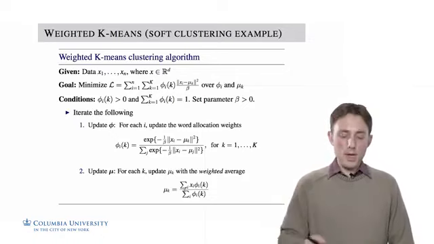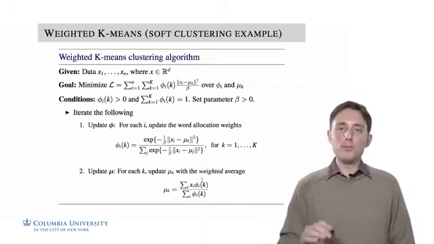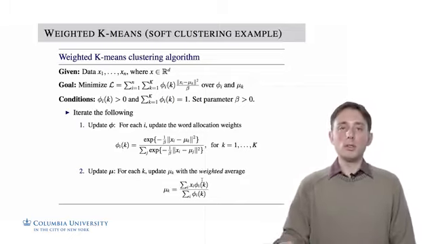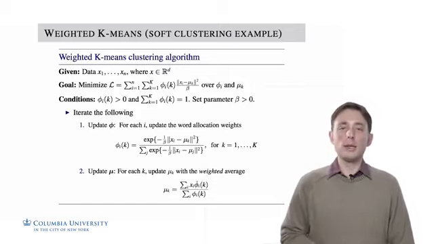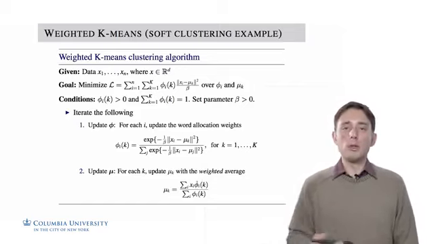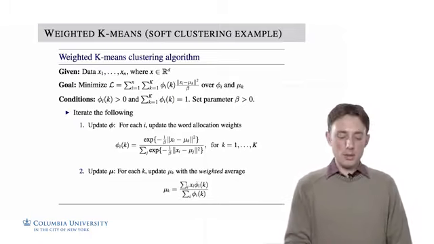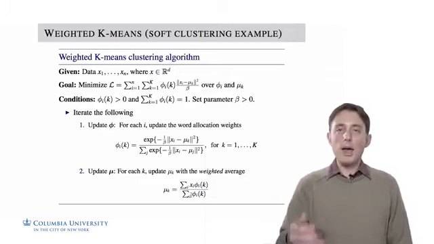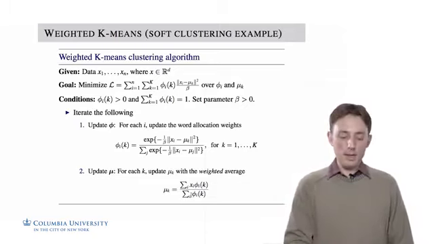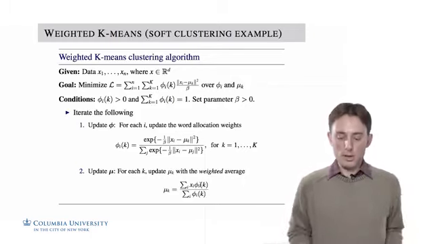You can imagine that if these phi's are pure indicators, meaning they're vectors of all zeros except for a 1 in the dimension indicating what cluster xi came from, that would correspond to a hard clustering algorithm, and we would simply be summing up all the points in the kth cluster and dividing by the total number of points. Now we are softening that by taking fractions of points and splitting them across clusters.